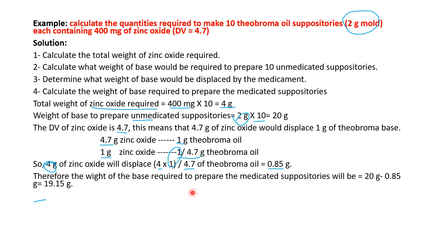Therefore, the weight of the base required to prepare the medicated suppositories will be 20 grams, take away the displaced weight, which is 0.85, and this will give 19.15 grams. So we need to add 19.15 grams of the theobroma oil base to the 4 grams of zinc oxide, mixing them, and then use 2 grams mold to prepare the 10 theobroma oil suppositories.